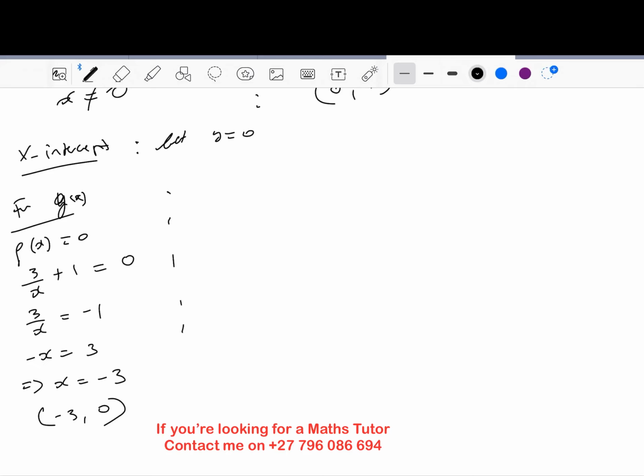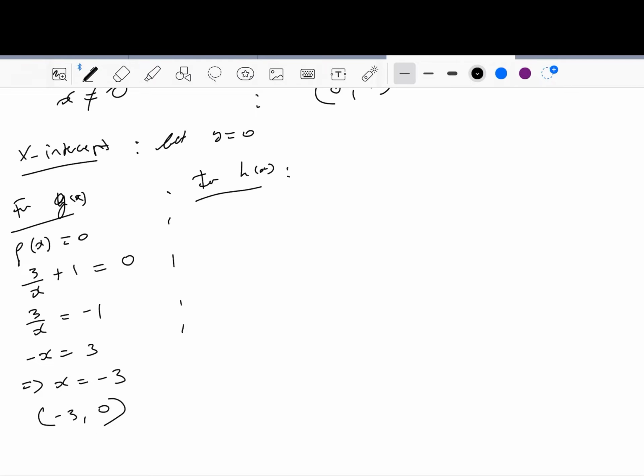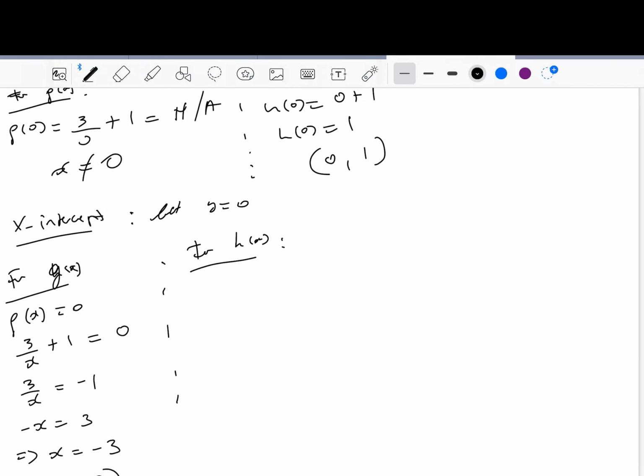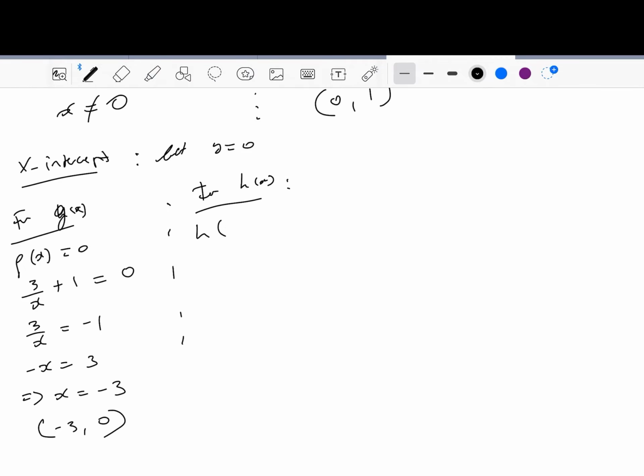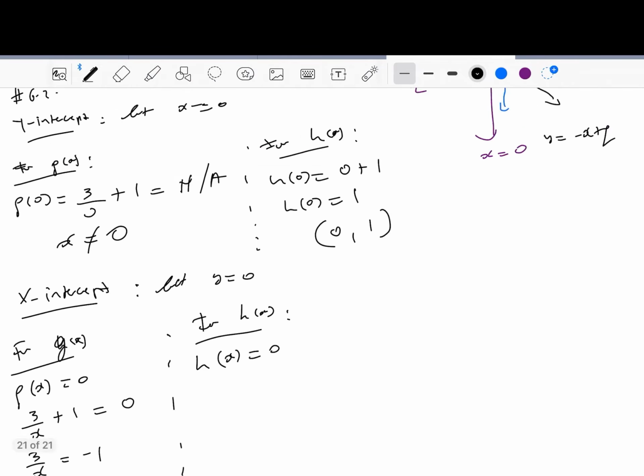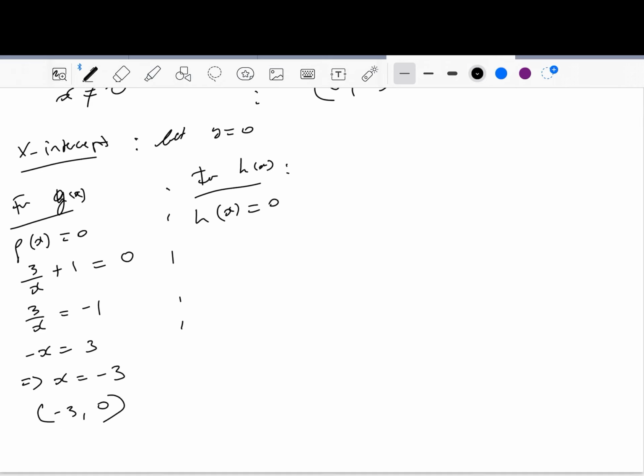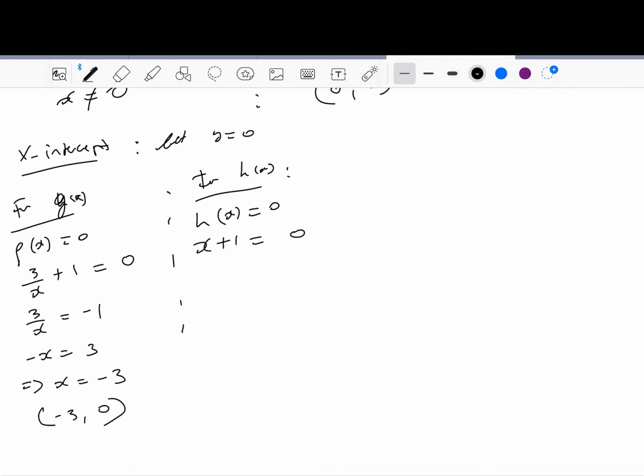Now, let's do the same thing for h of x. What we're doing is you let y be equal to 0, so you're letting h of x equal to 0. And h of x is x plus 1, so you have x plus 1 is equal to 0. Then take that 1 to the right hand side, it becomes negative 1. So x is equal to negative 1. When x is negative 1, y is 0.